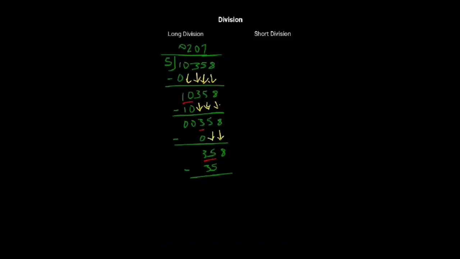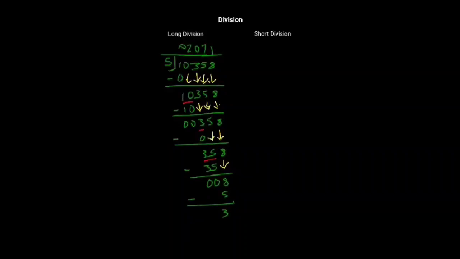Our 8 comes down. So rewriting, we'll have 8, and then 5 from 5 is 0, 3 from 3 is 0. Now we're into 5 divided by 8, which is 1 time. 5 times 1 is 5. And we subtract that. 5 from 8 gives us 3 remainder.